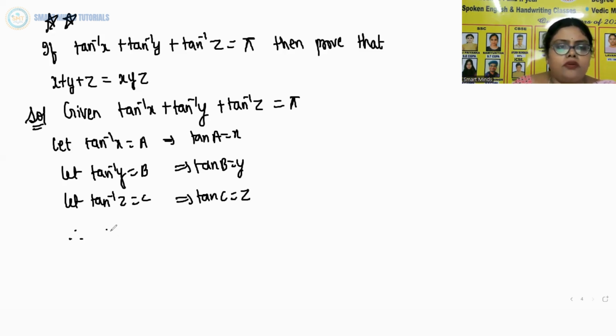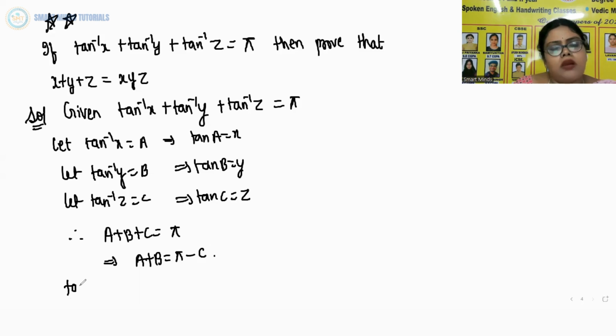Now therefore A plus B plus C will become pi. Or if we take C that side, we will get A plus B is pi minus C. Now let us find tan (A plus B). Tan (A plus B) is same as tan (pi minus C).